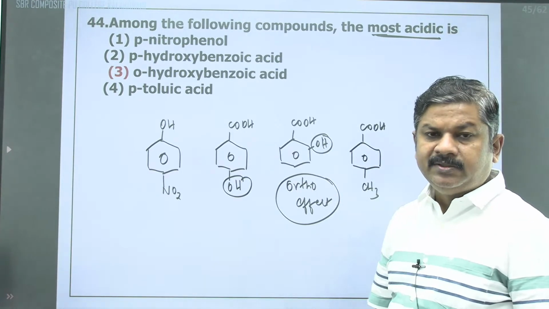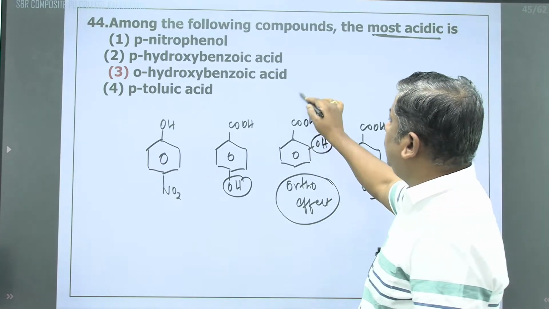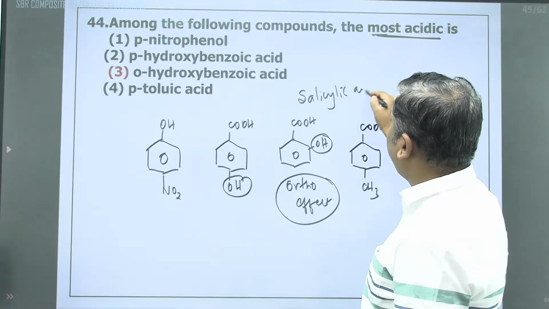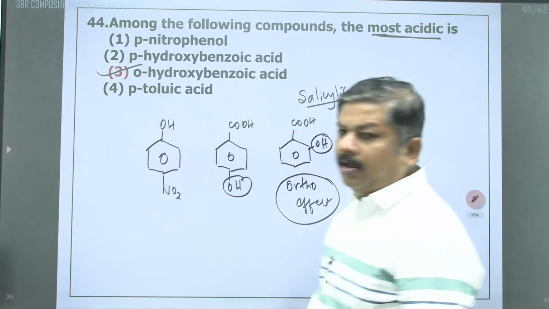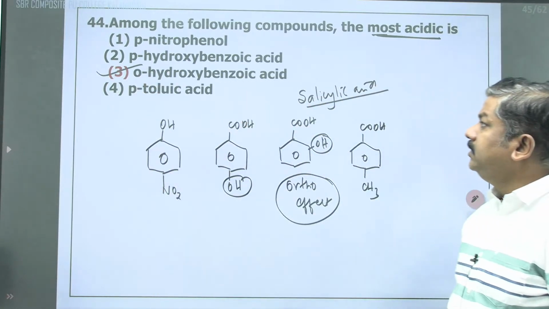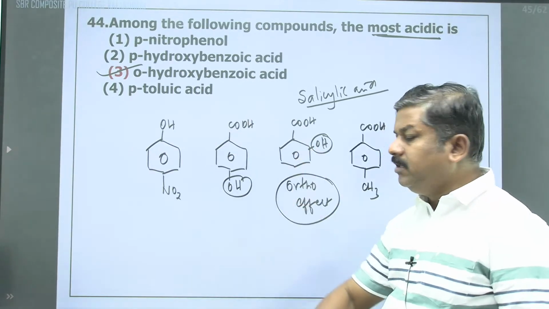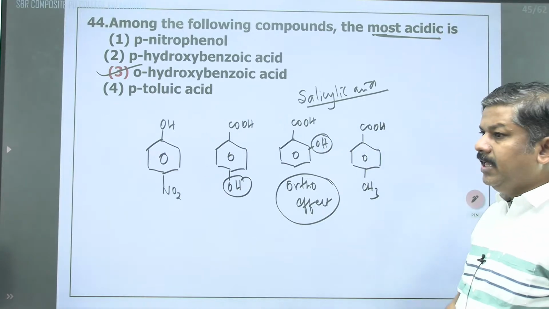Already we have discussed this in one of the previous questions. So this 2-hydroxybenzoic acid, commonly known as salicylic acid, is the strongest acid out of these 4 compounds. So the third option, ortho-hydroxybenzoic acid or salicylic acid, is the strongest acid, and this one is the weakest because it is a phenol. The rest of the 3 compounds are carboxylic acids.